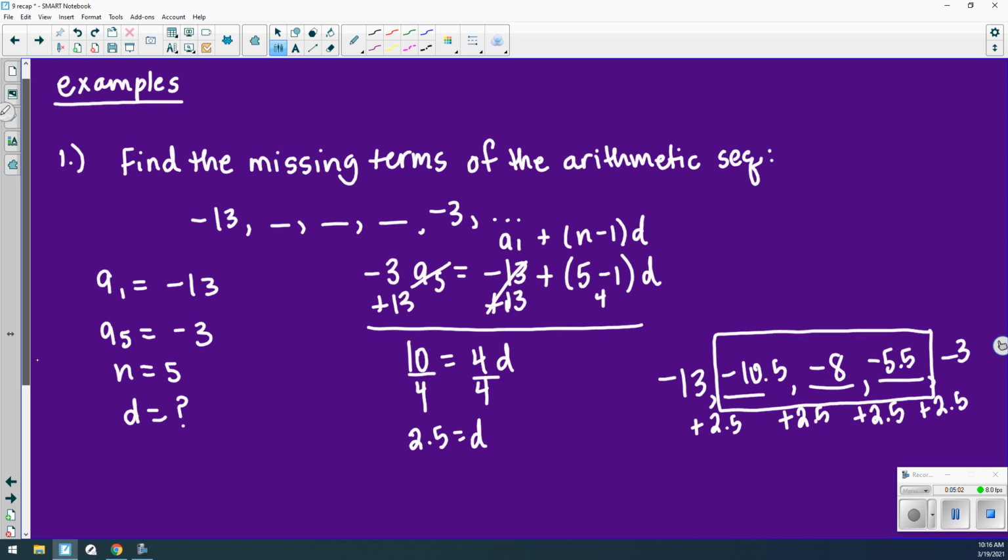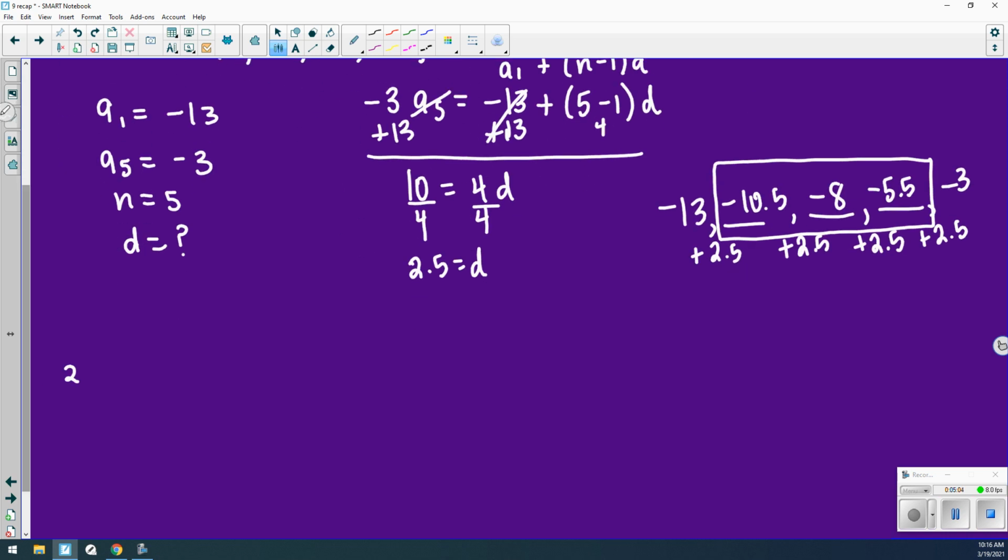Let's take a look at another example. Example 2. In this example, let's find the number of terms in the arithmetic sequence and then evaluate a sum. So I'm going to tell you that we have from 2 to 10, and what's going on is we're taking half of n each time and then adding 3.